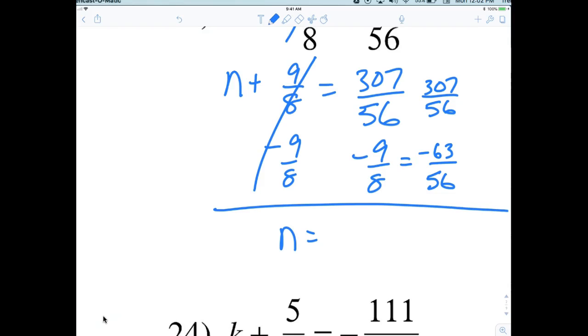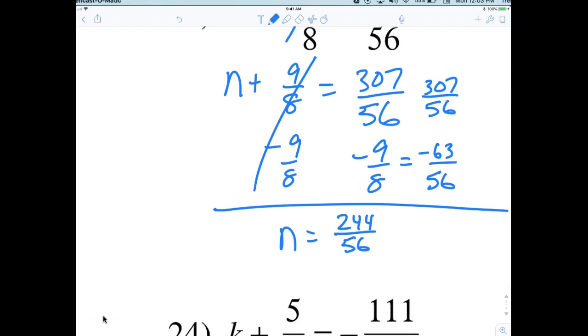Going this way from right to left doesn't make sense anymore. You should be able to do the mental math on that and say 307 minus 63. 30 minus 6, 24. 7 minus 3 is what? So my answer again is 244 over 56.